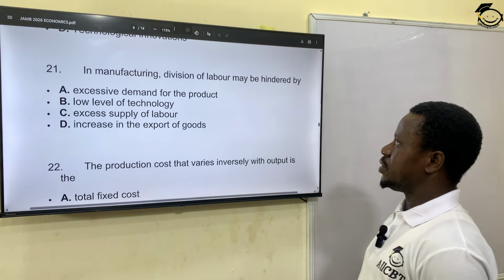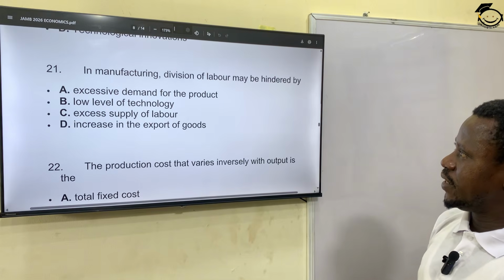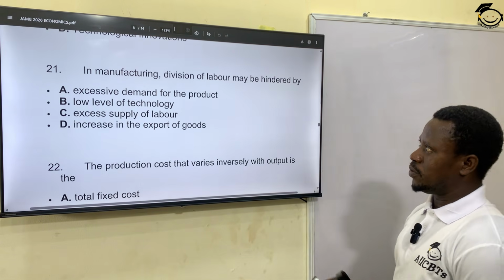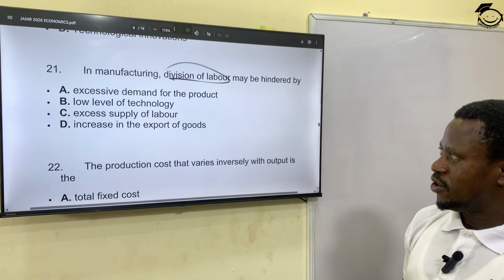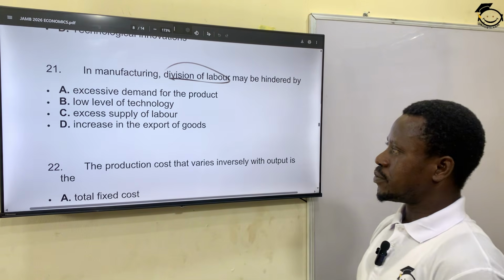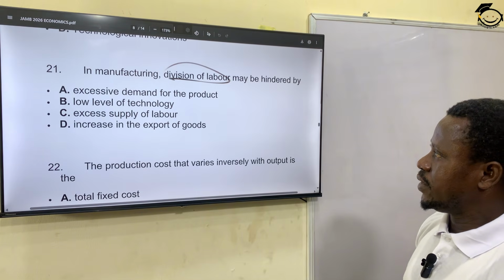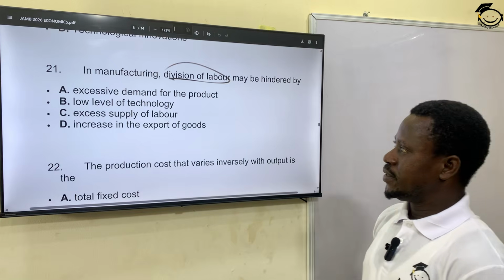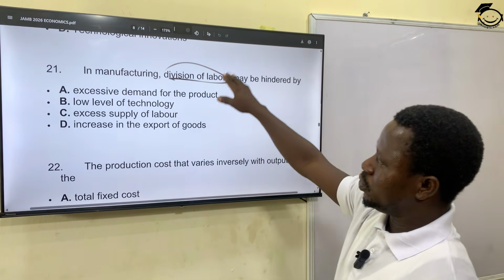In manufacturing, division of labor may be hindered by excessive demand for, division of labor, different persons undertaking different roles in the line of production. Okay? Excess demand for the products, excess supply of labor, increase in the export of goods has nothing to do with this.